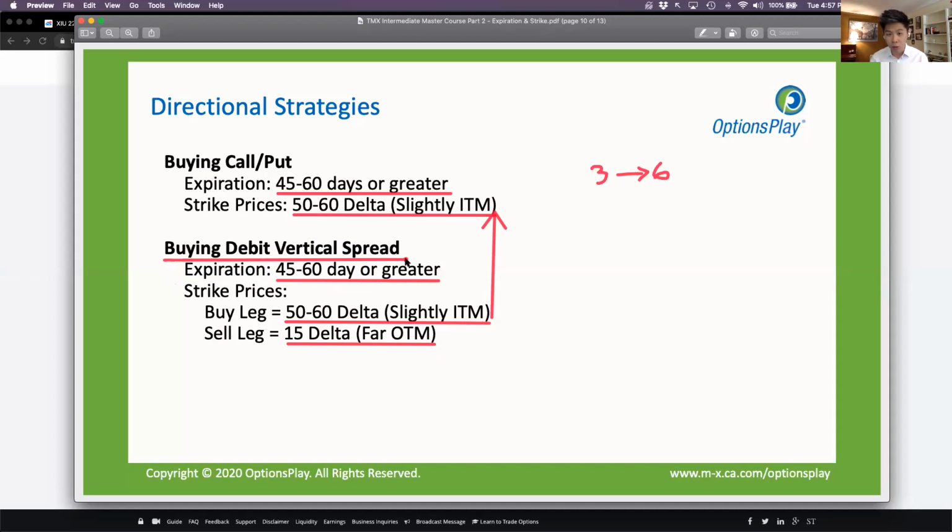So using spreads is one of the best ways to really utilize everything that I taught you here today, a combination of buying and selling options that give you the best outcomes for your strategies from a probability and a risk reward perspective.